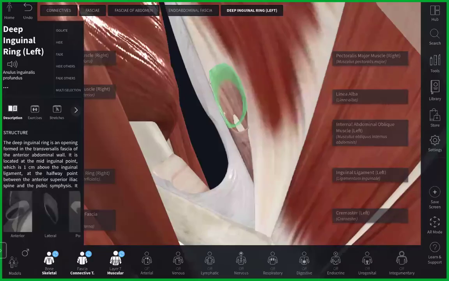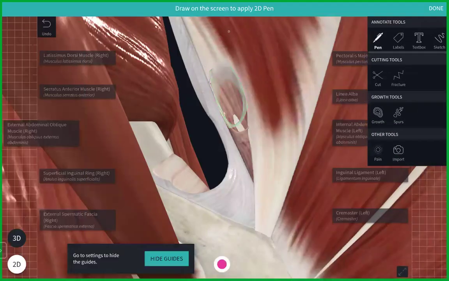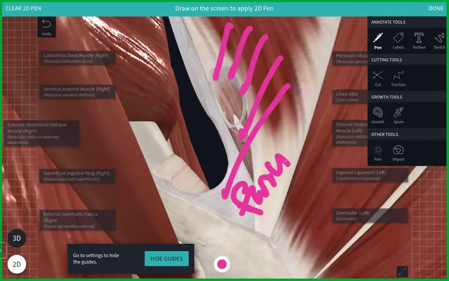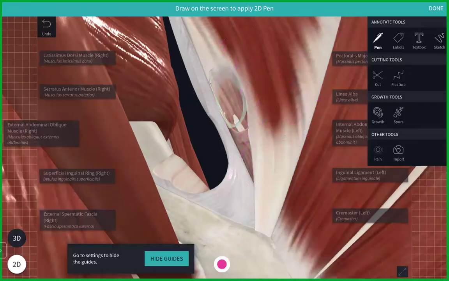So this opening is deep inguinal ring, and it's a defect in fascia transversalis.